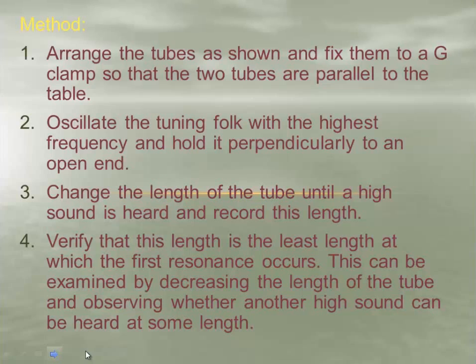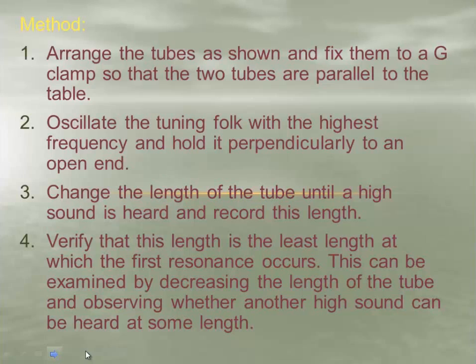And you change the tube length until the loud sound is heard, and that is the first instance at which resonance occurs. As in the case of a closed tube, you verify that by decreasing the length and verifying that there's no resonance at shorter lengths for the same tuning fork. So we verify this length to be the first resonance length, right?